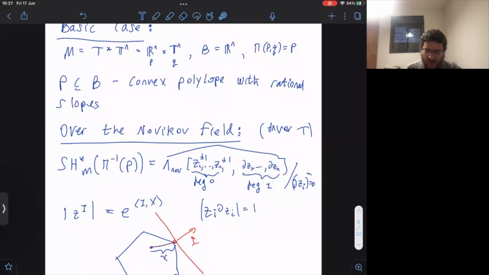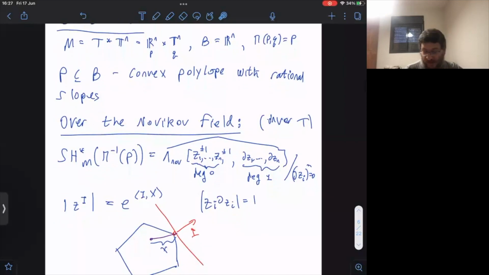So over the Novikov field, the answer is given here by a formula. What's written here is basically in degree 0 you have the Laurent polynomials with coefficients in the Novikov ring, and in degree 1 you have all these vector fields, and then in the higher degrees are just polyvector fields.